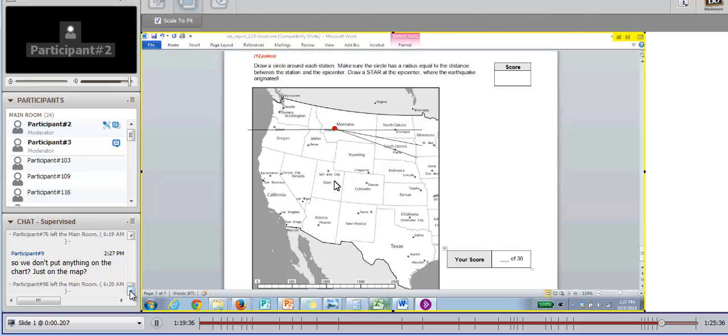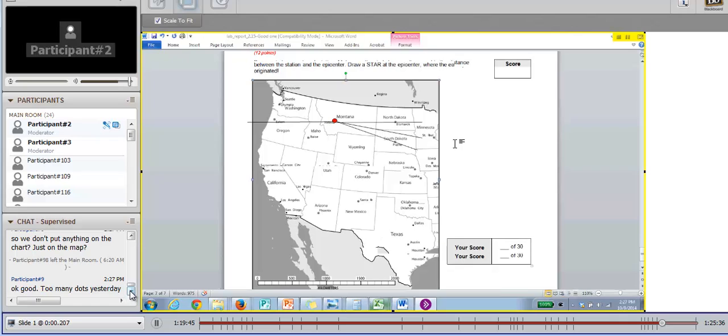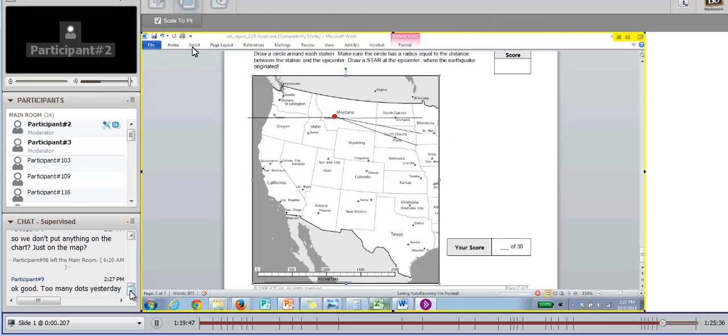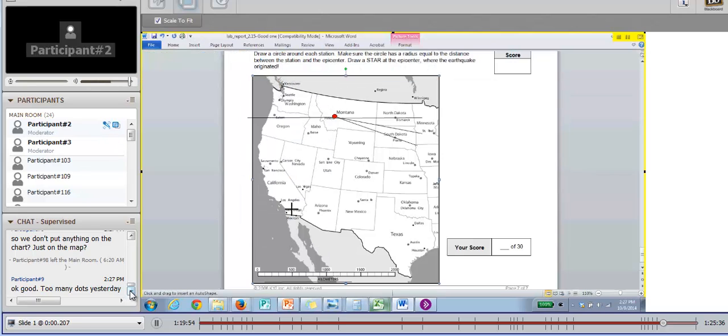If you are using Microsoft Word to make your circles, again, I put a red dot there just as a reference. Now, Microsoft Word is awesome in that you can insert shapes. So that's what I did to make my reference points. I also have one, I do believe it was San Diego.